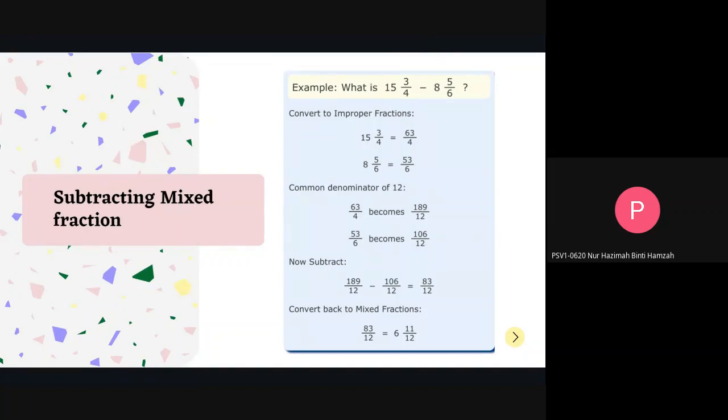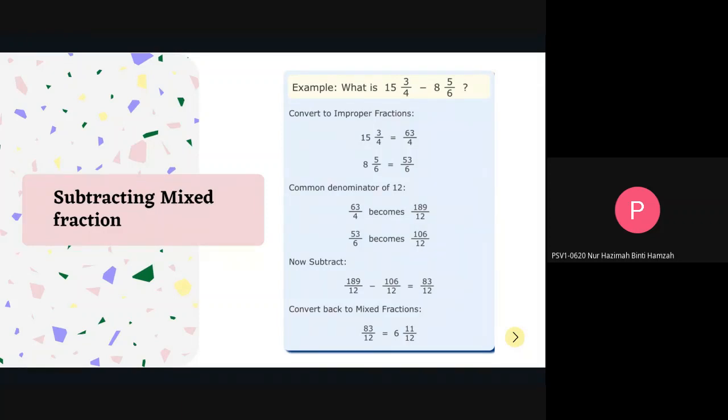So we have to convert the mixed fractions to improper fractions first, which is we have to multiply 4 by 50 and plus 3 equals 203 over 4, and 6 multiply 8 plus 5 equals 53 over 6.